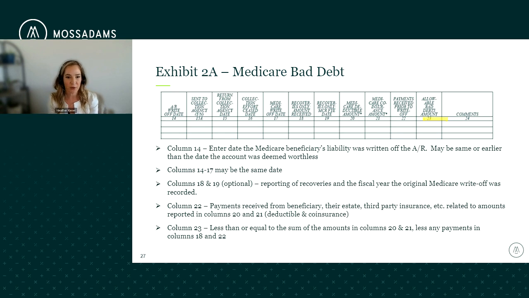So overall, it was just a few additional fields that need to be added for Medicare bad debt, as well as noting the recoveries. They have added additional fields to separately identify recoveries from prior year Medicare bad debt patients that you would have reported. So that's ultimately what they're looking for as far as recoveries go.